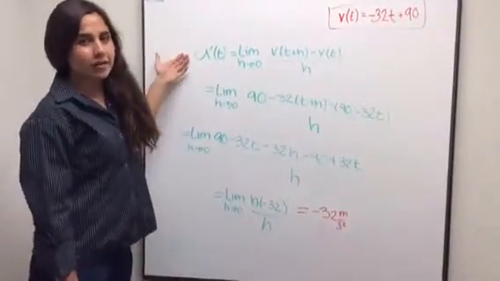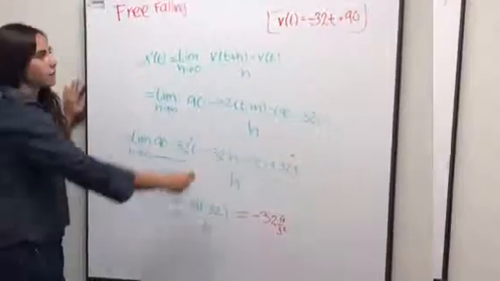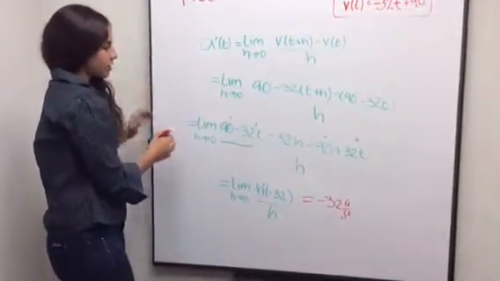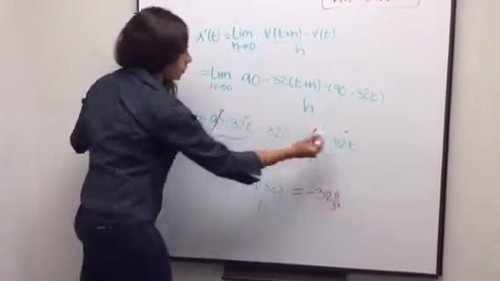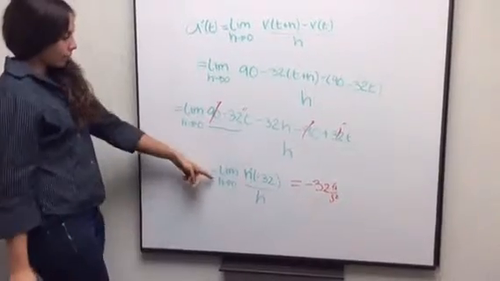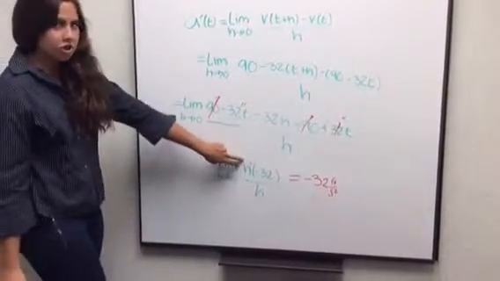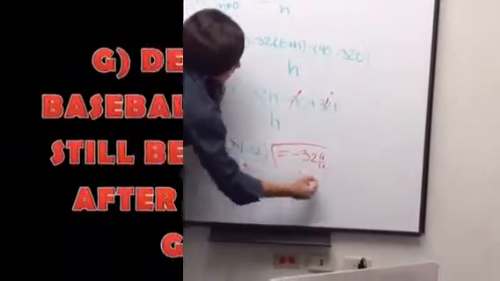It is similar to the derivatives, but in this case we are going to use the velocity equation, not the position equation. After solving the velocity equation, we obtain this, and after removing the parentheses we can eliminate this with this and this with this, and then we have this equation, and we have to solve for h, and then we eliminate, and we have this.